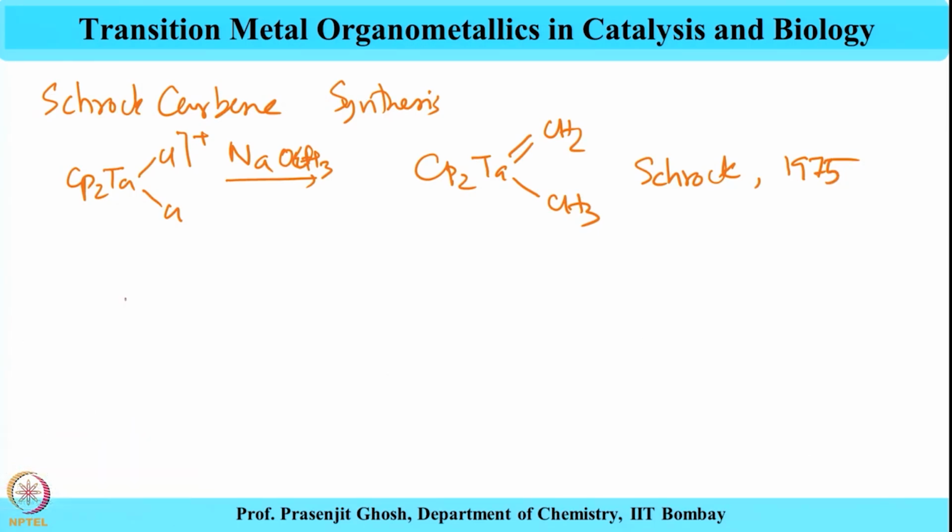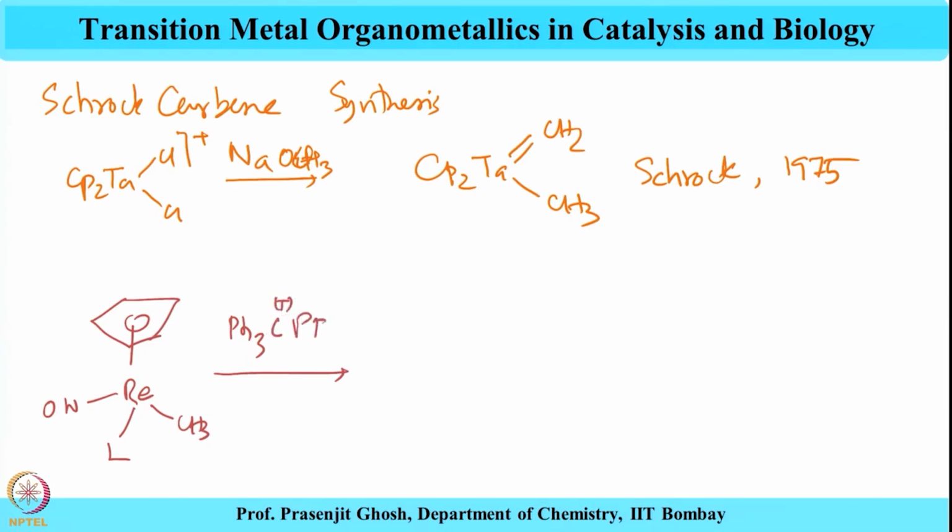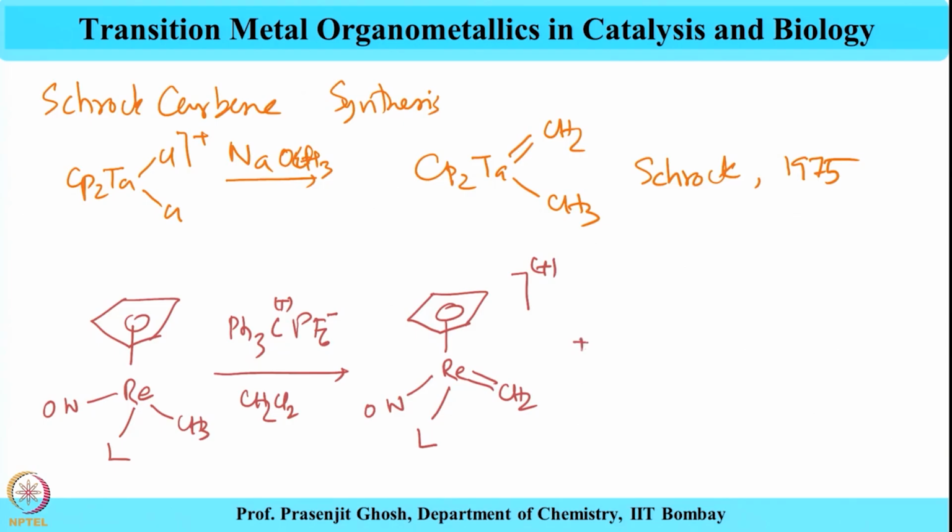another example was reported by Gladysz, in the reaction of rhenium Cp NO CH3 in the presence of Ph3C plus PF6 minus in dichloromethane, giving the rhenium methylidene complex plus CHPh3.